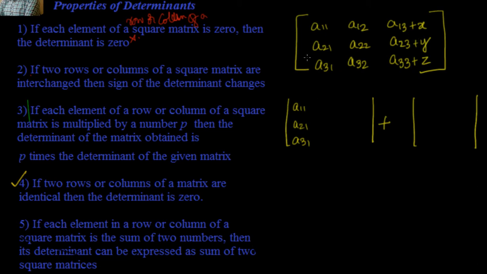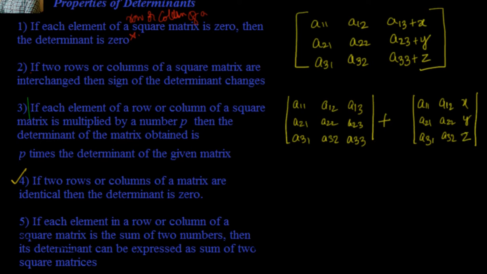So my first matrix will have the remaining two columns as they are, that is A12, A22, A32, and here A13, a part of it, A23, A33. The other matrix will have the same remaining columns, that is A11, A21, A31, A12, A22, A32. After that, I'll have X, Y, and Z.